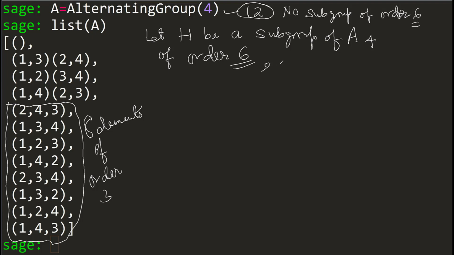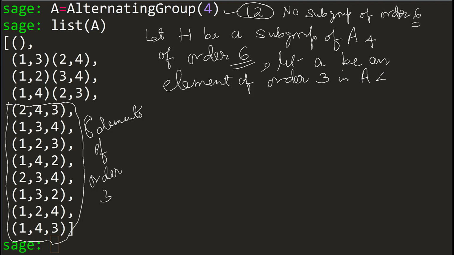So let A be an element of order 3 in A4. What I'm doing is assuming A is any of those 8 elements, so any of those, the property will be carried over here.